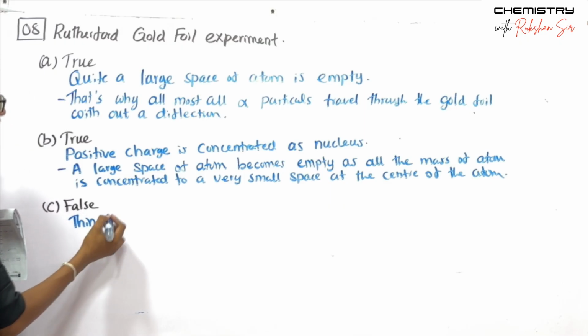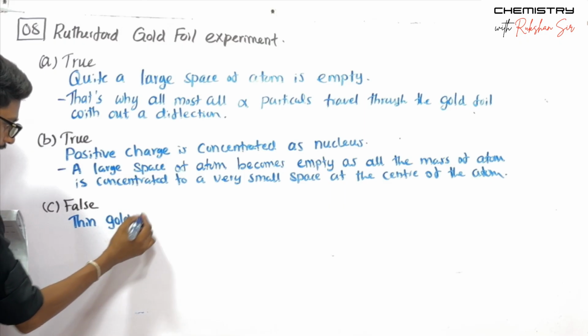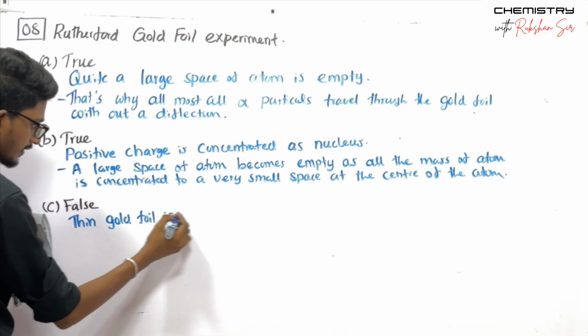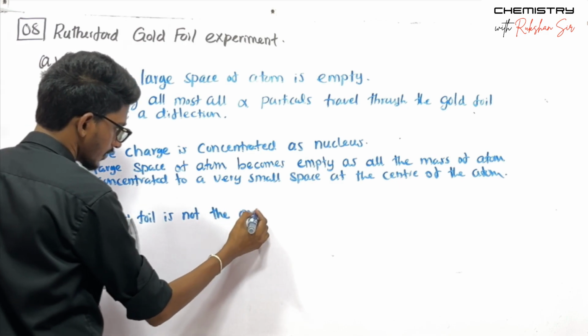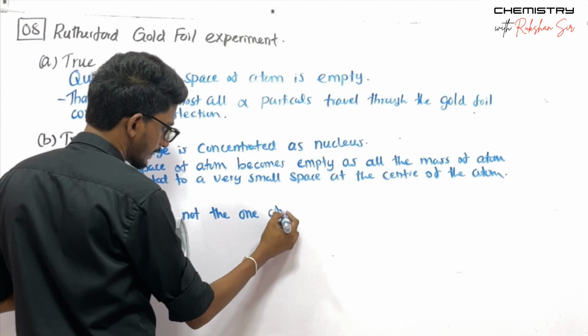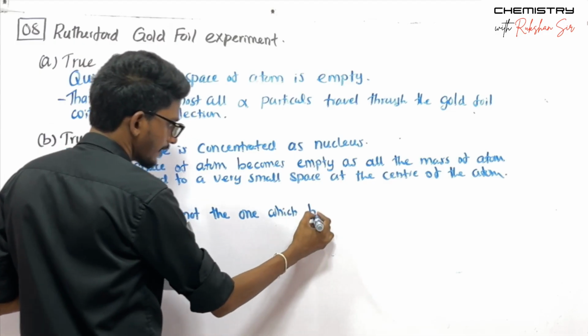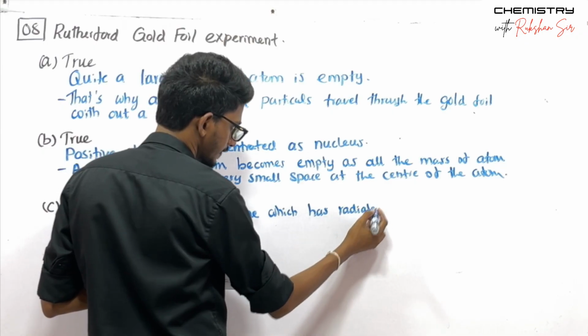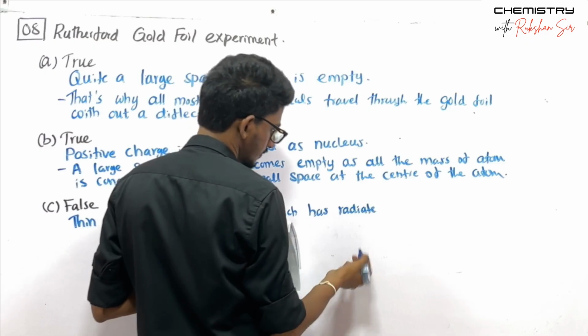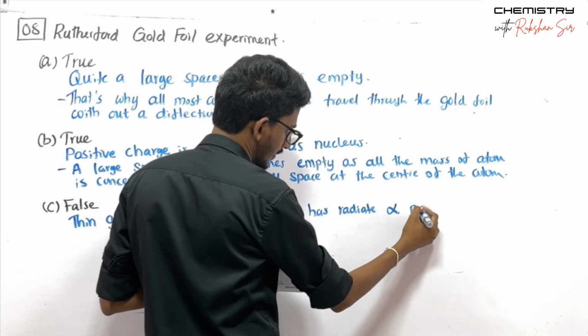Thin gold foil is not the one which does radiate alpha particles.